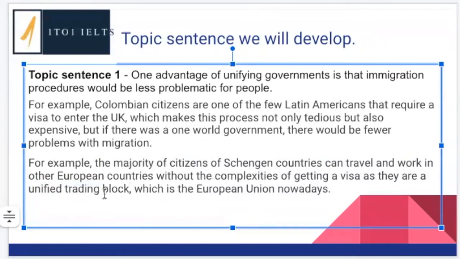For me, this is a little bit more accurate. Yeah, they're governed by one union. There is obviously a European government, but they still have their own governments. I think calling it a unified trading bloc is a little bit more accurate. It's a very minor detail. Does anyone see any issues with grammar?